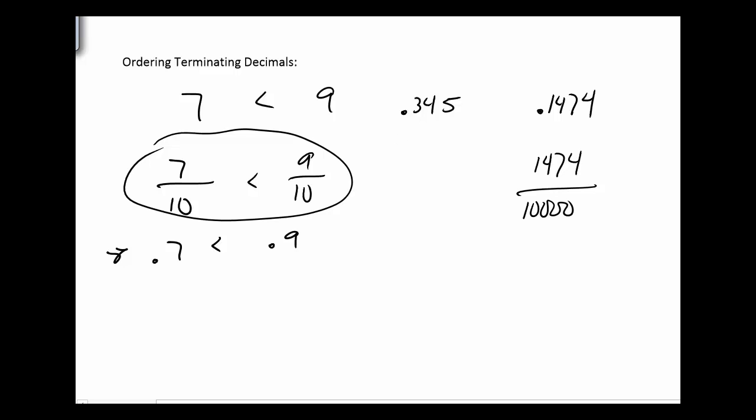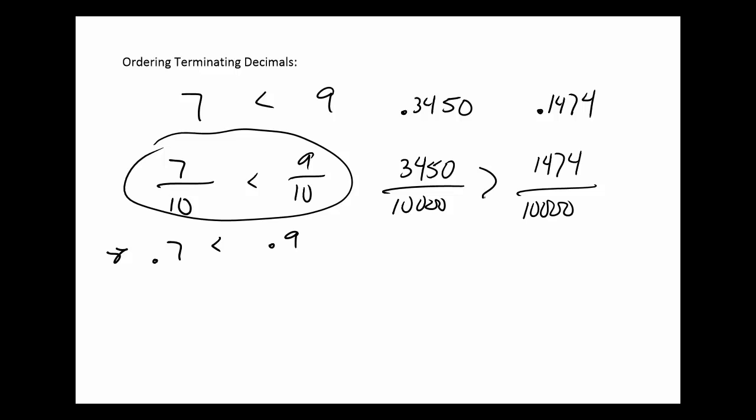For 345, I can add a 0 to it, and that's 3,450 over 10,000. Now I've got the denominators to match, and I'm going to focus on the numerators, and clearly 3,450 is larger than 1,474. As long as I can get it to a denominator that has the same power, I can do a straight comparison.